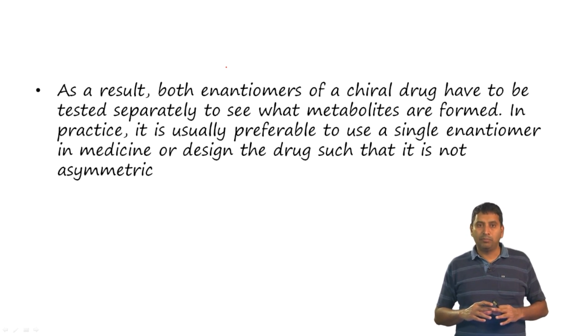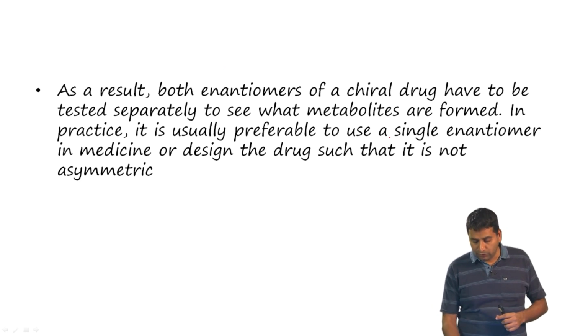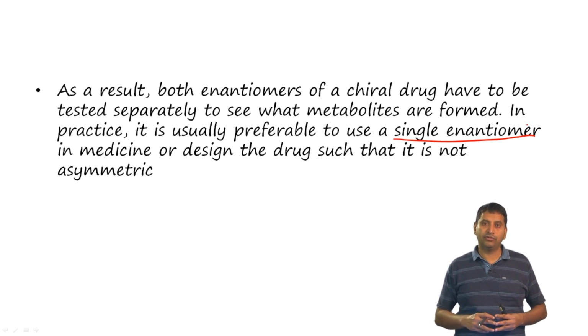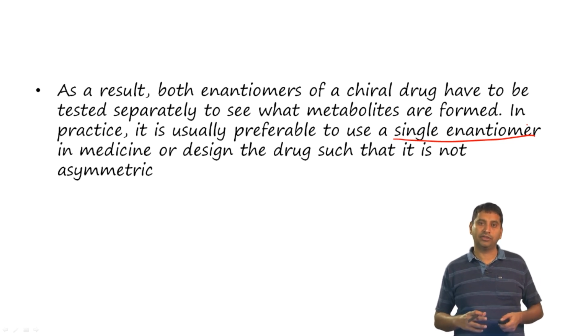Now, in practice, it is usually preferable to have a single enantiomer, right. So, that is the role of asymmetric synthesis, or even better is to design a drug that does not have an asymmetric center, because if you do have an asymmetric center, then you are going to have these kinds of issues, and so you can develop compounds which do not have an asymmetric center. That means, you will make a compound which does not have a chiral center.